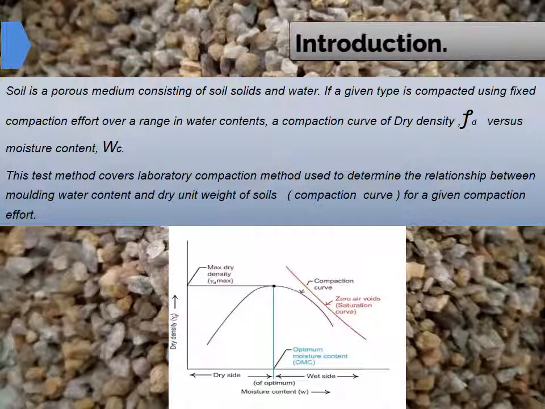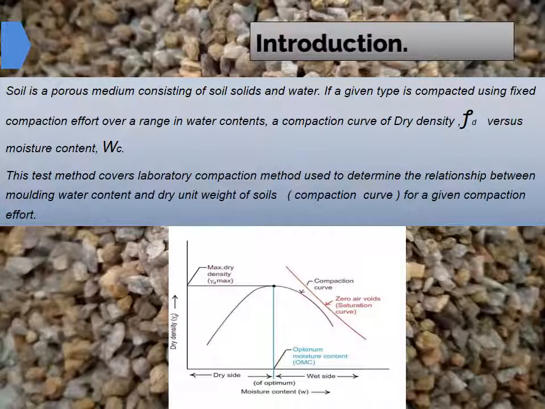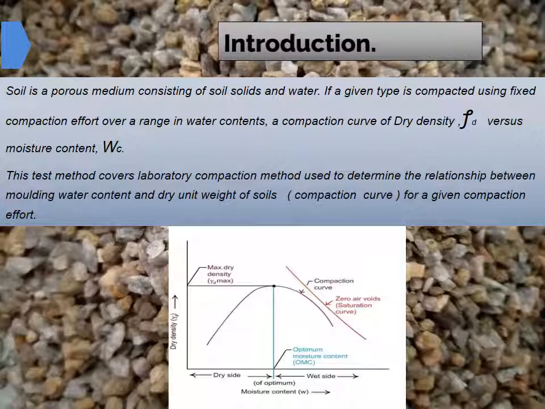Proctor in 1933. The compaction curve is a concave downward curve, and at low moisture content, the dry density is relatively low because soil particles are in a poorly organized configuration. So the clay particles adhere to one another because they have negative charges on their faces and positive charges on their edges.